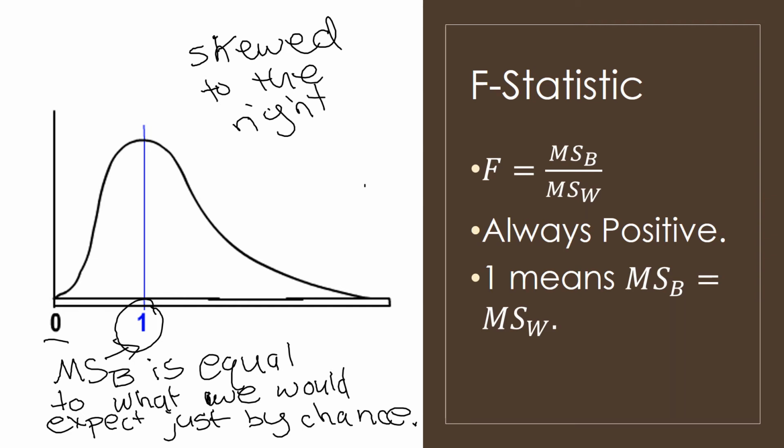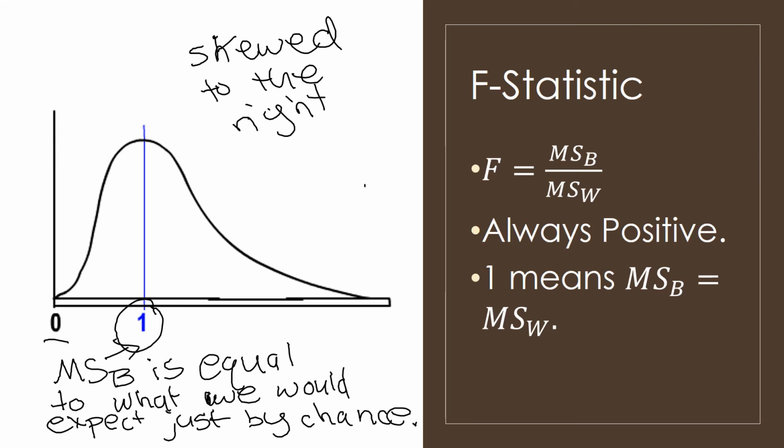So if we get a value of 1, that's what we expect when in reality the population means are equal to each other. Okay? If you get below that, it also means the same thing. It isn't until you get above 1 that there's more variability than what we expect.